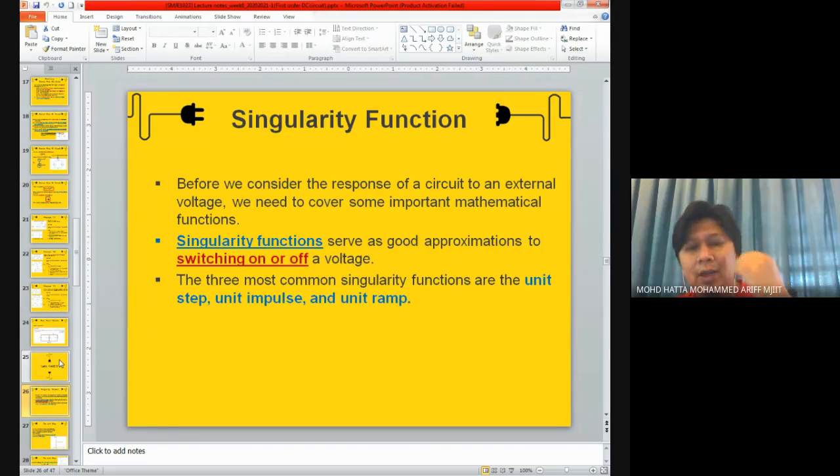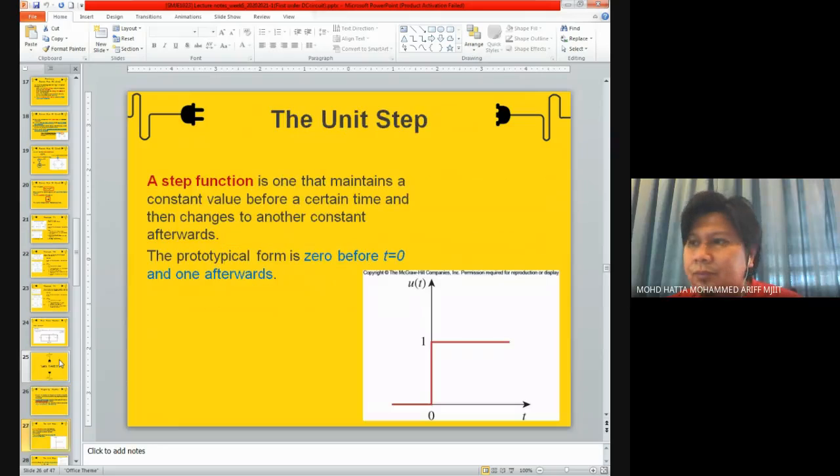So maybe I could ask you that way, but in terms of analysis, I will not ask you on that one. Okay, what does it mean by unit step? Here it says that unit step is a function that maintains a constant value before a certain time, then changes to another constant afterwards. So here we have, this is what you call unit step, from one level to another level. Maybe from this level also can get into zero response over here.